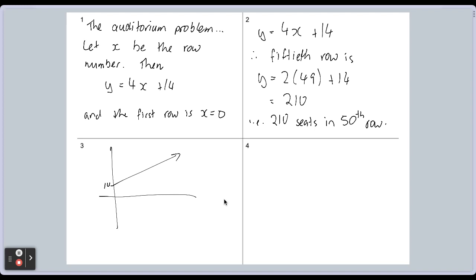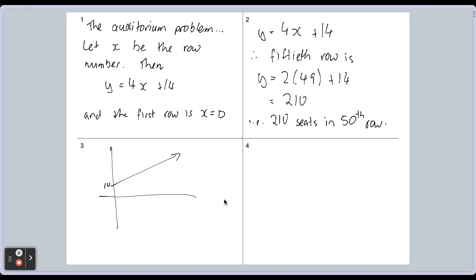What I said after that was that the problem is that the linear modeling doesn't really do a great job of modeling the scenario. In this instance, if I hadn't given you any indicators at all, if I'd just given you the auditorium problem and said work out how many there are in the 50th row, I would hope that some of you might be tempted to do it as an arithmetic sequence.